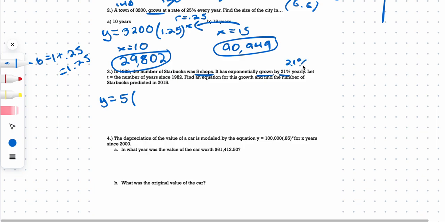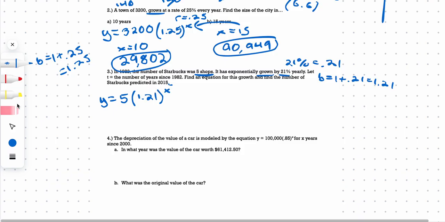And 21% is just the same thing as 0.21. So we're going to say b equals 1 plus 0.21. That gives us 1.21. 1.21 to the x power. So this is going to be our equation.